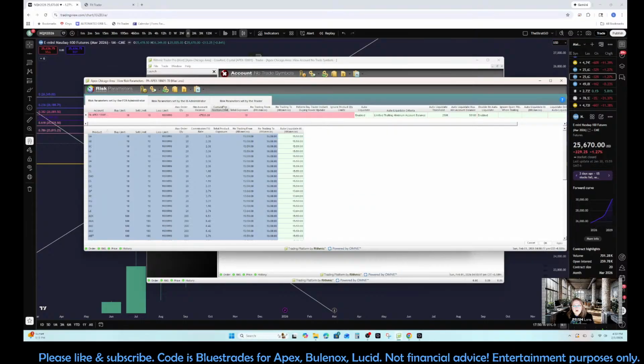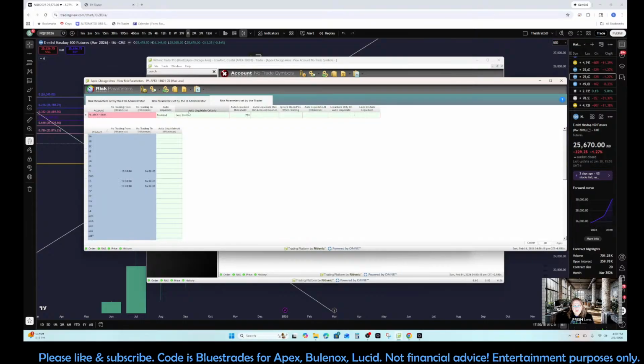Then go to risk parameters set by the trader. You can set times. You can set an auto liquidate threshold. I have it set so if I lose more than $750, it'll just lock the account. Lock on auto liquidate, liquidate only on, yes, enabled.